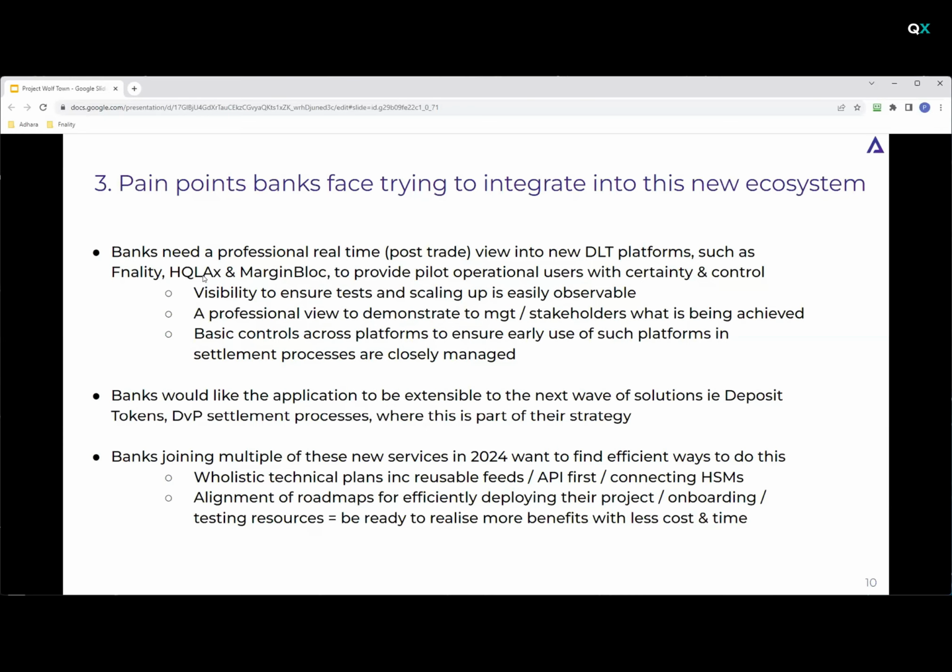HQLX, which does repos. Margin Block, which handles margin. And so basically to have a look at get visibility, professional view of that, but then also to be able to extend these solutions into deposit tokens, DVP settlement processes, etc., for their banking group, and have a holistic view across all of that using APIs, using their own internal systems.